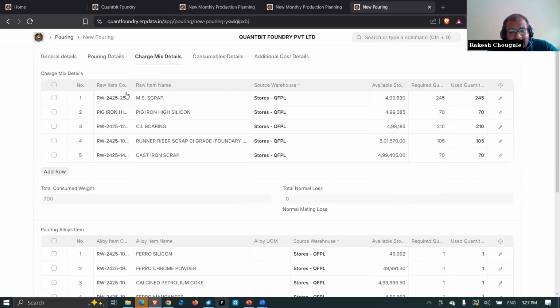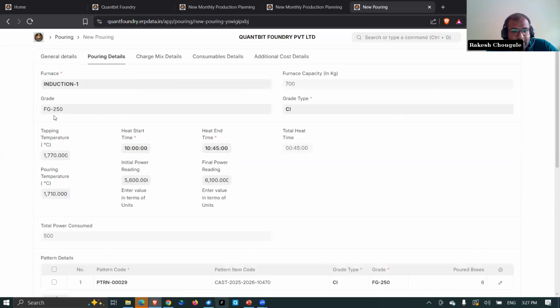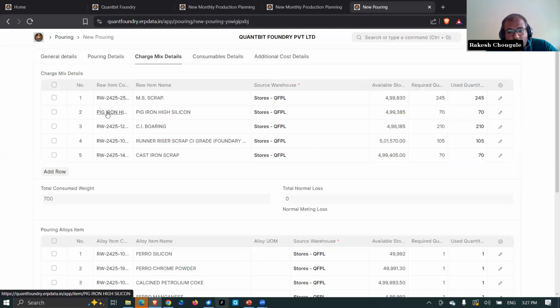In the charge mix, you can see all the related data for the grade which we have selected here, that is FG250, automatically comes to that particular table. So the user does not need to enter each and every data required for the heat every time. Once we have filled all the masters, the data entry will be done in a few seconds.